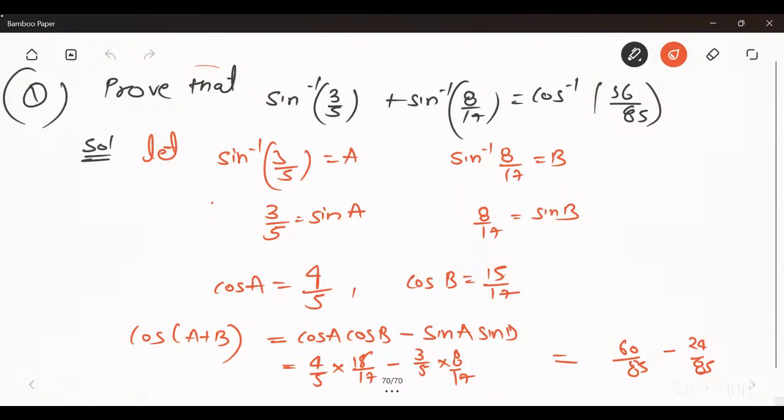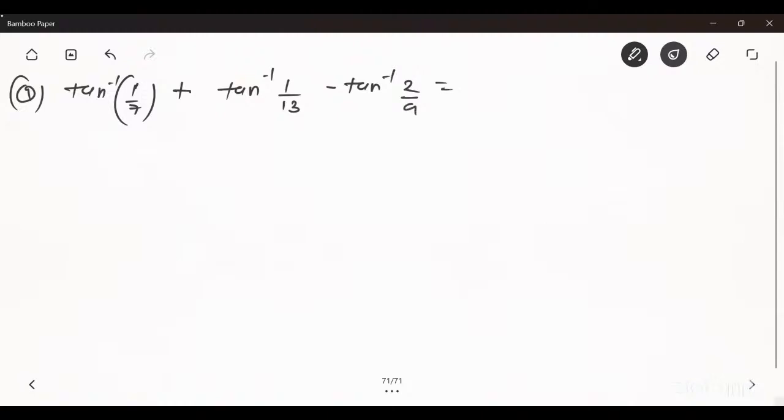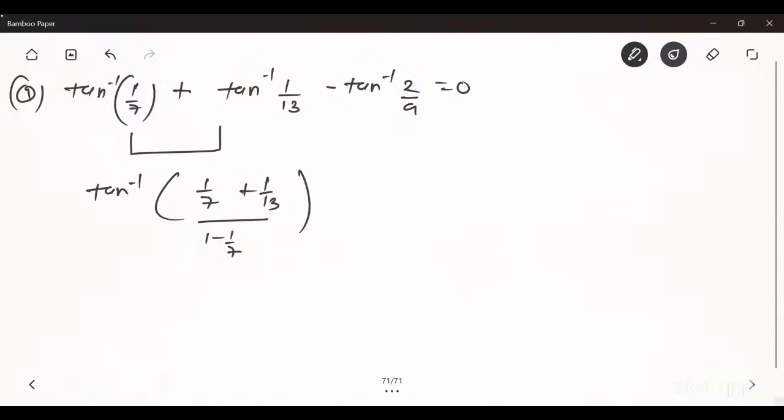Next question is tan inverse 1 by 7 plus tan inverse 1 by 13 minus tan inverse of 2 by 9 is equal to 0. Firstly, you will take these two values. You will get tan inverse of 1 by 7 plus 1 by 13 upon 1 minus 1 by 7 into 1 by 13.